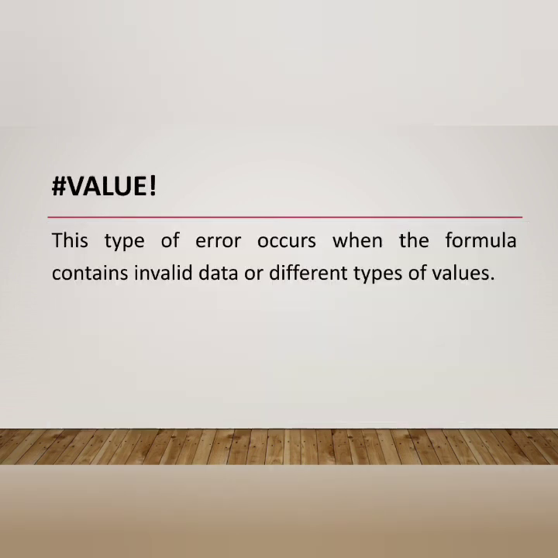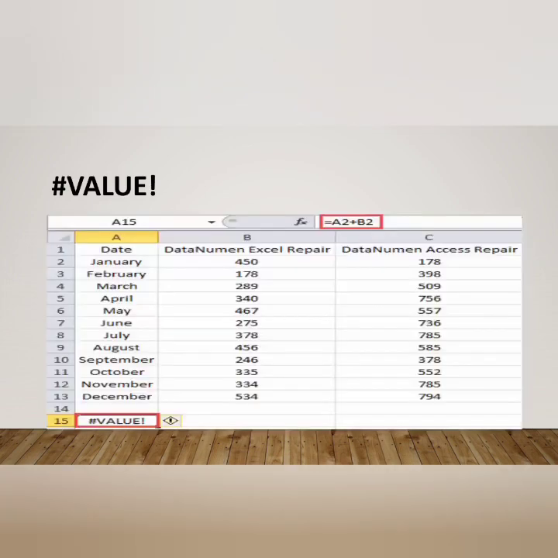#VALUE! error. This type of error occurs when the formula contains invalid data or different types of values, or you can say different data types. Here, for example, we have to add two values in the cells A2 and B2. But here A2 contains a text value, whereas B2 contains a numerical value.